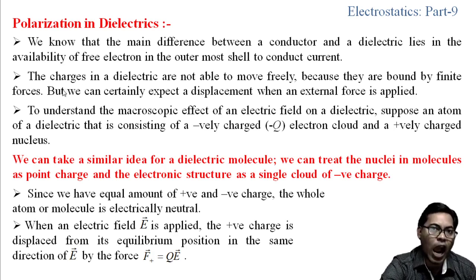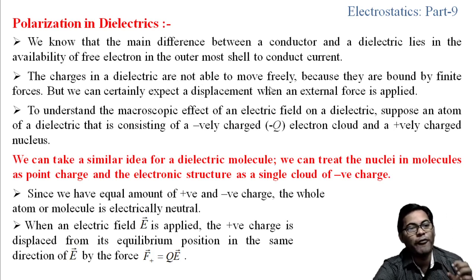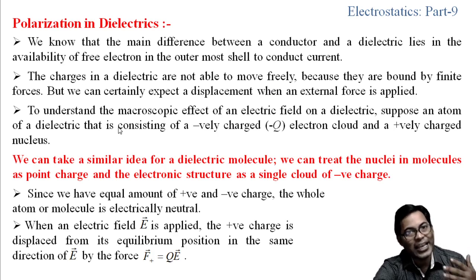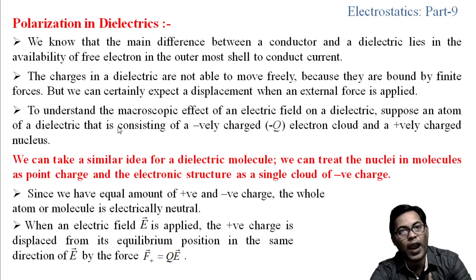Now the charges in a dielectric are not able to move freely because they are bound by a finite force. Because it is a dielectric, charge is not free. But we can certainly expect a displacement when an external force is applied.